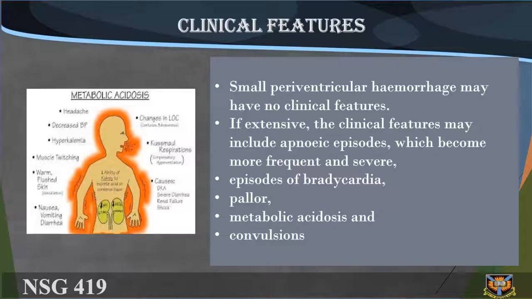Clinical features. A small periventricular hemorrhage may have no clinical features. If extensive, the clinical features may include apneic episodes, which become more frequent and severe, episodes of bradycardia, pallor, metabolic acidosis, and convulsions.